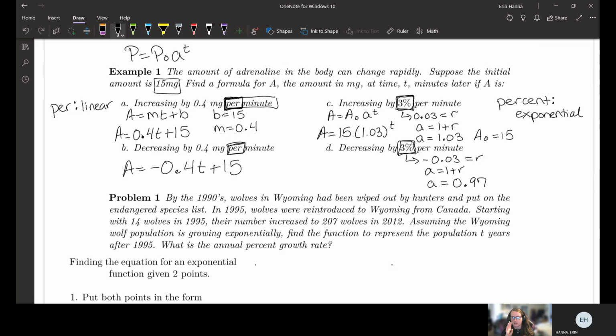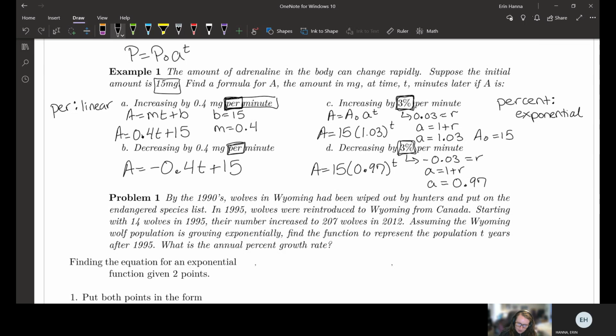So you have to not only change the percent over to a decimal, but also take into consideration whether it's positive or negative based off of the context of the problem. So this equation would therefore be 15 times 0.97 to the t, since our A naught, the initial condition, didn't change again.